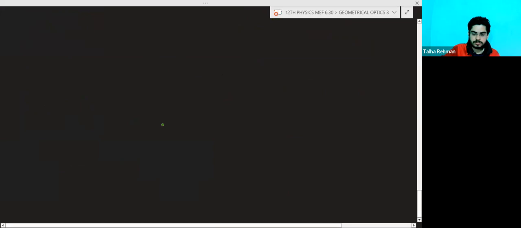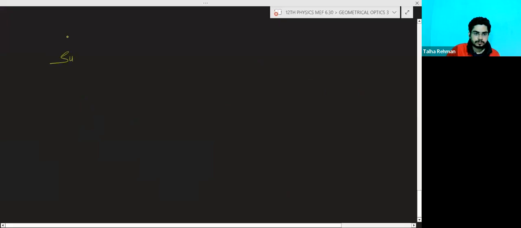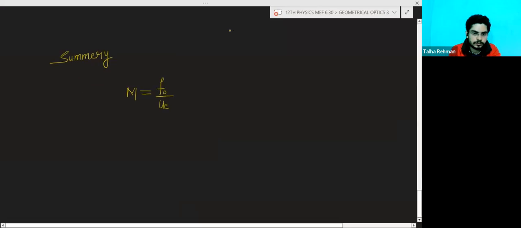Okay, so now see the summary, what we have done. What is the magnification of the telescope? That was the focal length of the objective lens divided by UE.